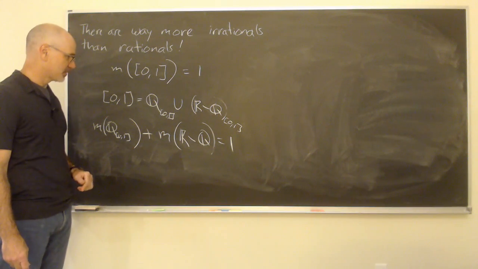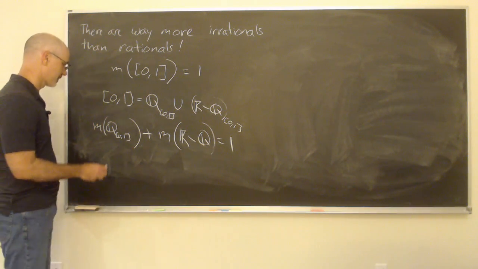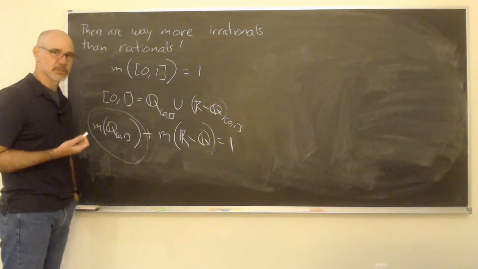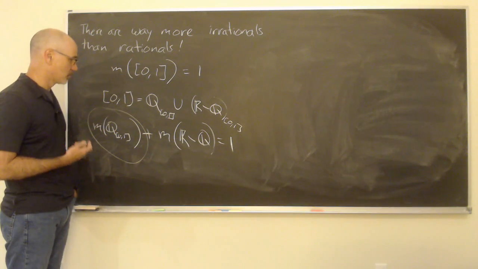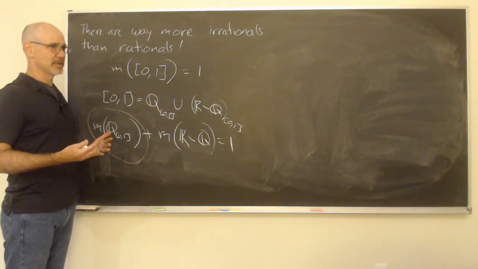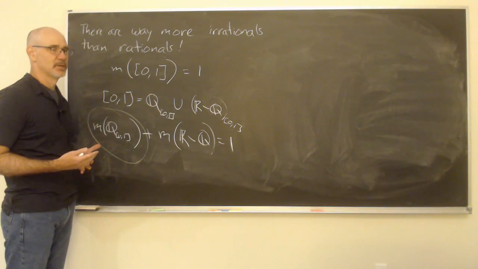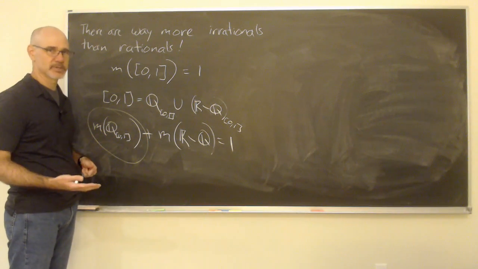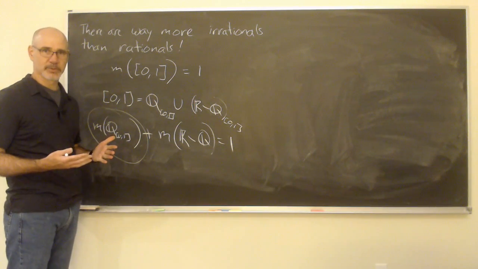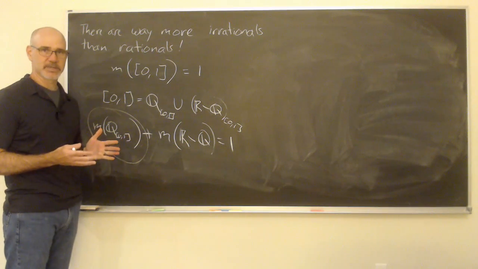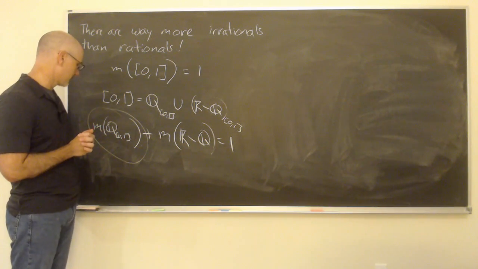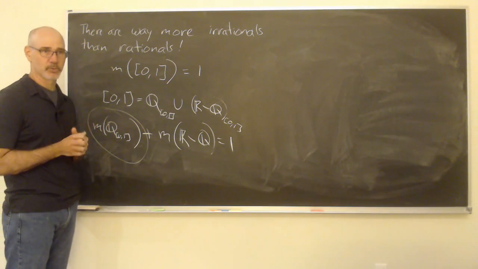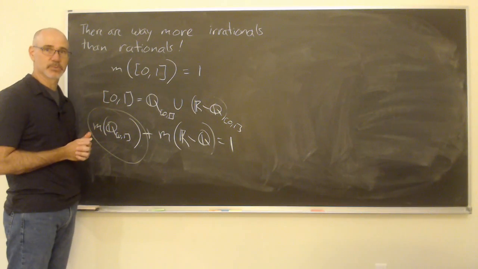Now, what we're going to show is the perhaps surprising result that this piece, the measure of the rationals, is actually 0. And what that means is basically every number that we've ever encountered, calculated with, put into a computer, or that a computer has dealt with, those are all rational numbers. As soon as you write down the decimal of a number, you're basically writing down a rational one. You can use the symbol where you indicate that it repeats, but if you actually want to work with a number, you have to give a finite decimal expansion.